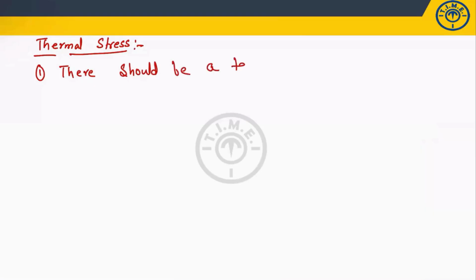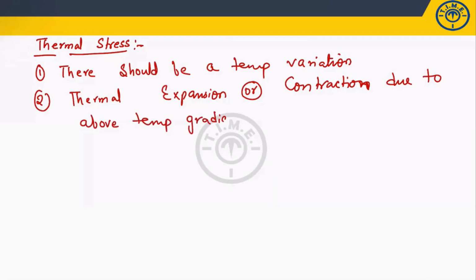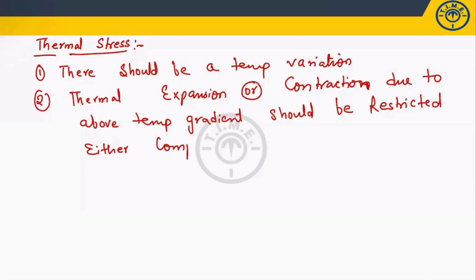The second is that whatever thermal expansion or contraction occurs, it can expand or contract depending upon whether you are increasing or decreasing the temperature, and due to this temperature change, the deformation should be restricted, either completely or partially. If these two conditions are there, then thermal stress will develop.